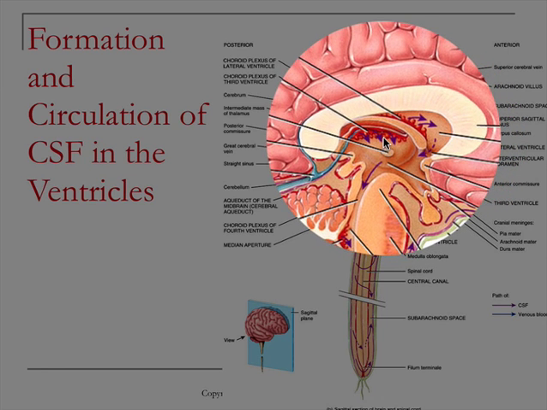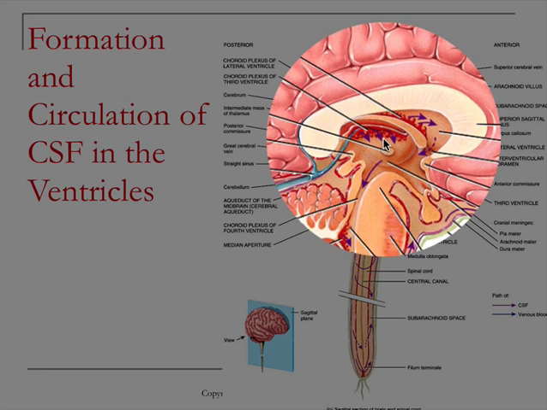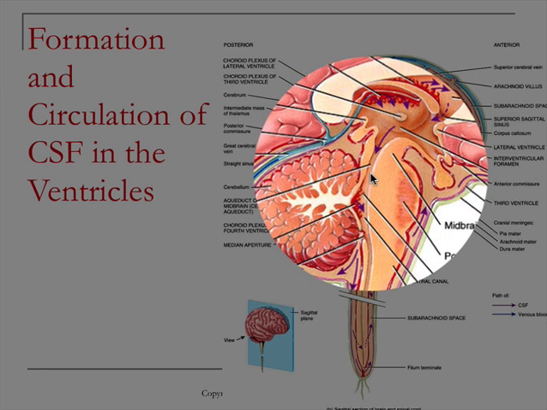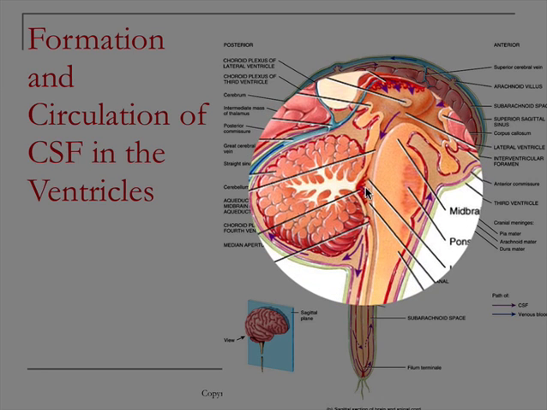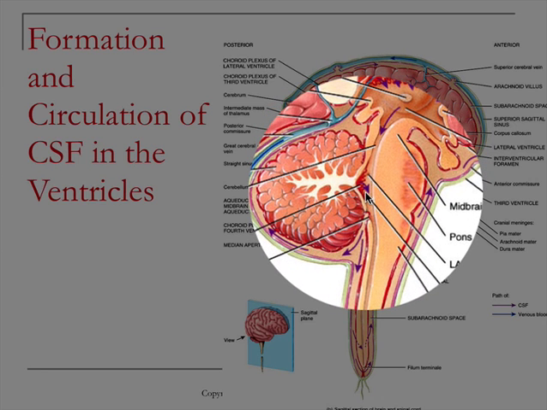Within the third ventricle, we also have cerebrospinal fluid being made. The fluid that's within the third ventricle then travels through the aqueduct of the midbrain, or the cerebral aqueduct, and goes down into the fourth ventricle. There, more cerebrospinal fluid is made by the choroid plexus in the fourth ventricle.